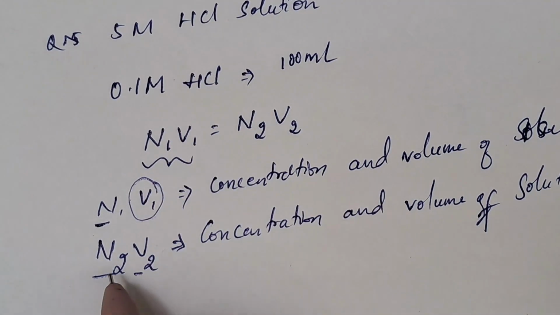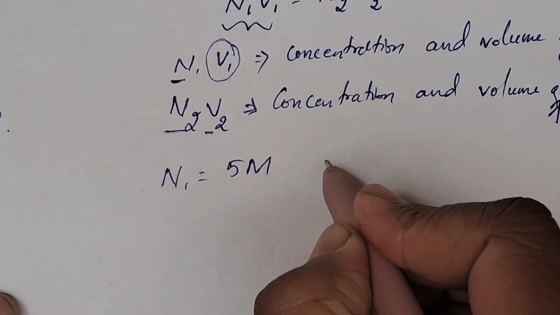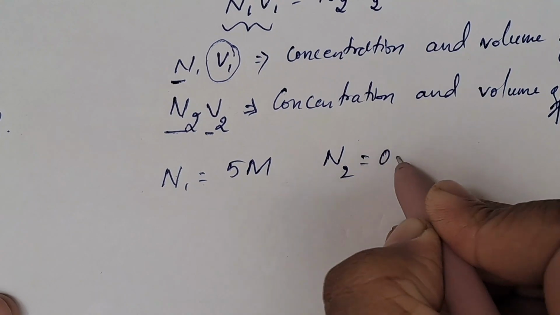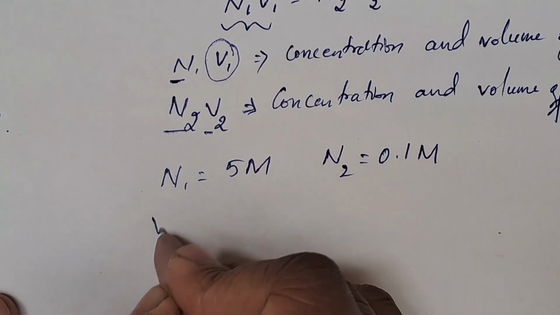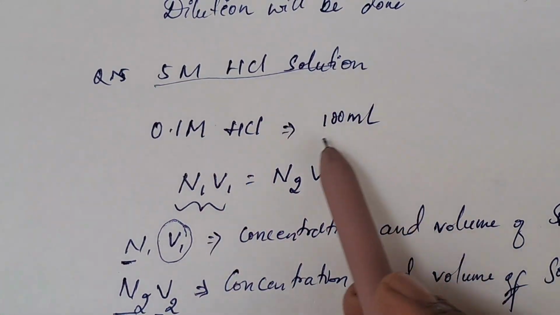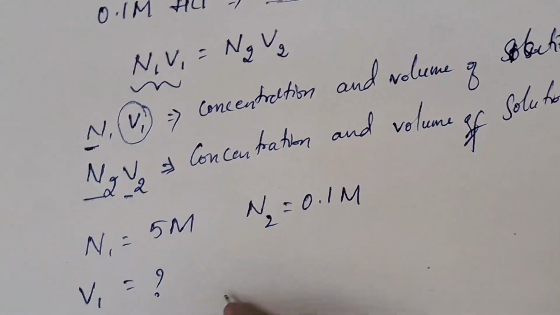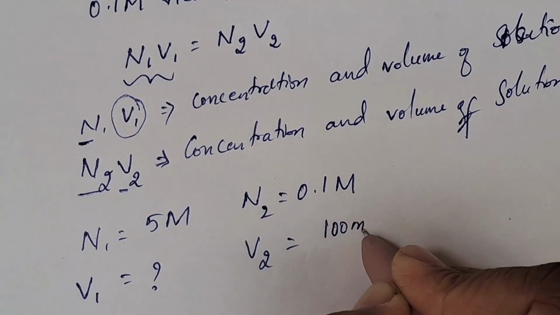In this case, let us take N1 as 5 molar, N2 as the required 0.1 molar. V1 I need to find out, that is how much of this stock solution needs to be diluted to 100 ml. So V2 will be 100 ml.